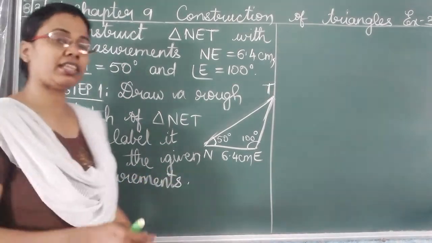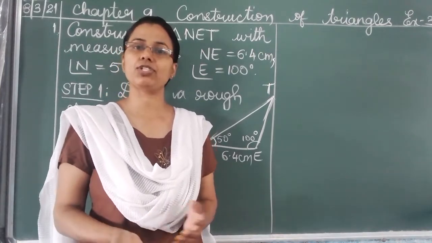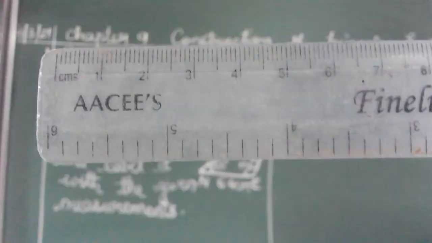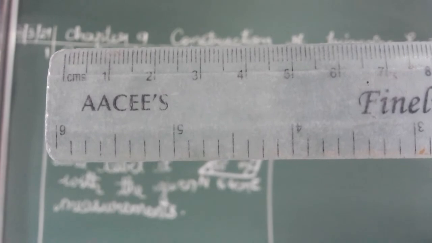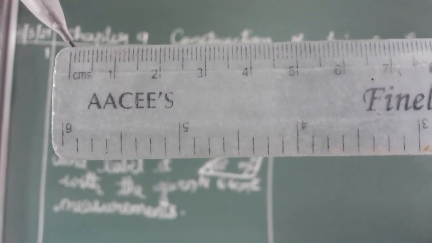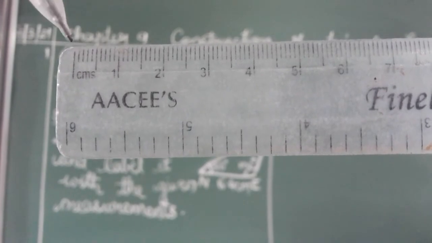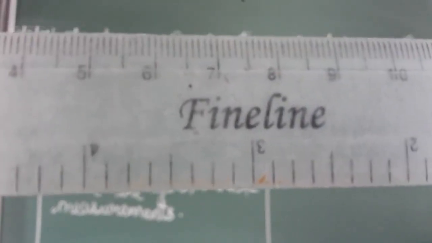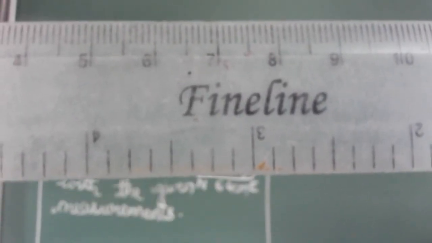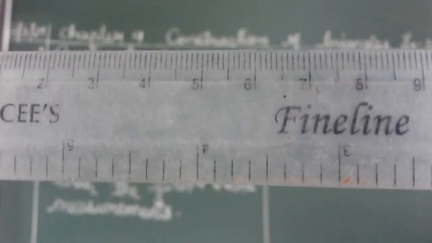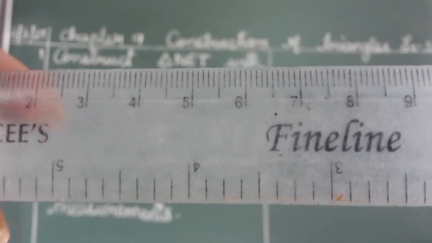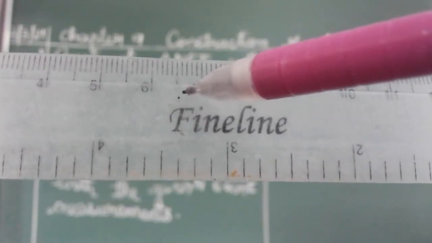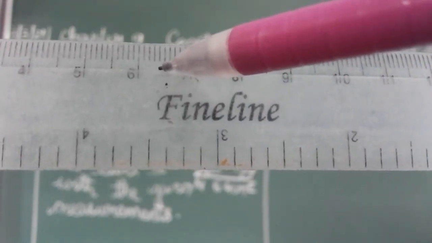Okay, now let us begin our actual construction. First step is drawing the line segment NE of length 6.4 centimeters. So now let us use the scale. Mark the point at 0 centimeters. Just mark on the book, and then 6.4 centimeters they have given. Now see here clearly, this is 6 centimeters, and this longest line here, this is 6.5.